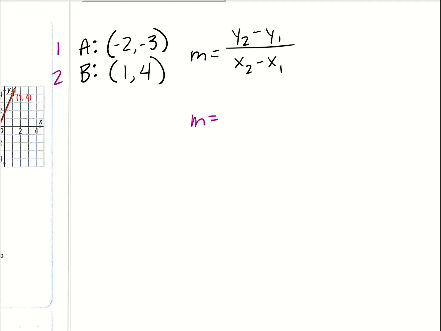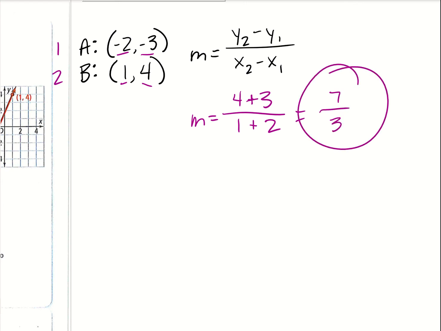So we have m equals y2, which is 4, minus y1, which is -3, so we're going to add 3. On the bottom, we have x2, which is 1, minus x1, which is -2, so we add a positive 2. Then we simplify: 4 plus 3 on top is 7, and on the bottom, 1 plus 2 is 3. So our slope is 7 over 3.